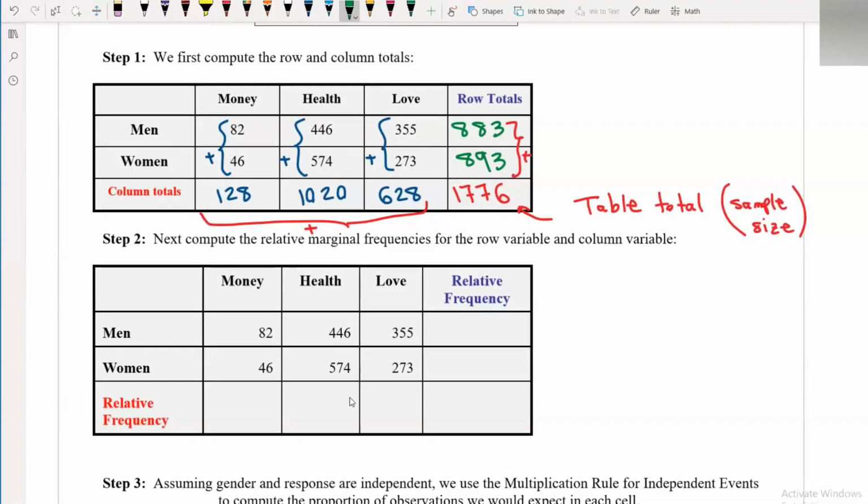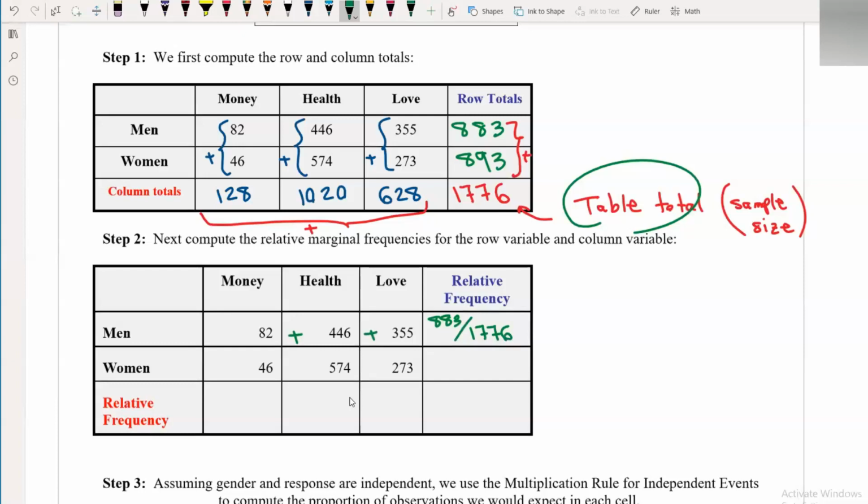So here we already added these numbers, finding the sum of frequencies, and for these we got 883. That is only for the first row. We didn't add all of them, so it's 883 divided by what is total. This one is 1776.